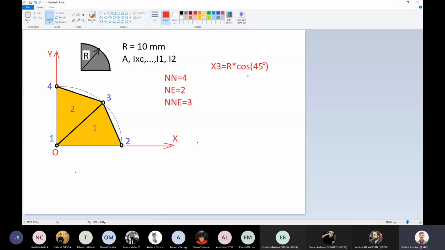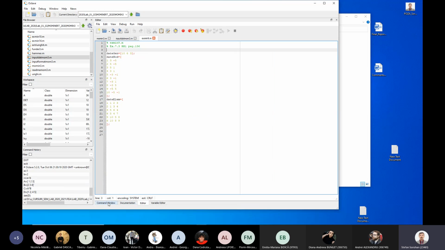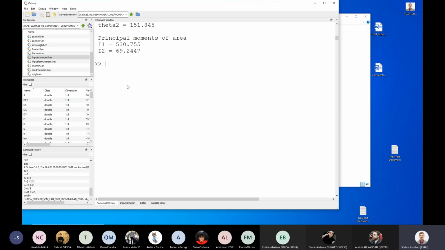You know that cosinus from this one is square root of 2 divided by 2. That means around 0.7, right? You may also use MATLAB in the command line if you want. If I calculate from an angle, we must transform it to radians.